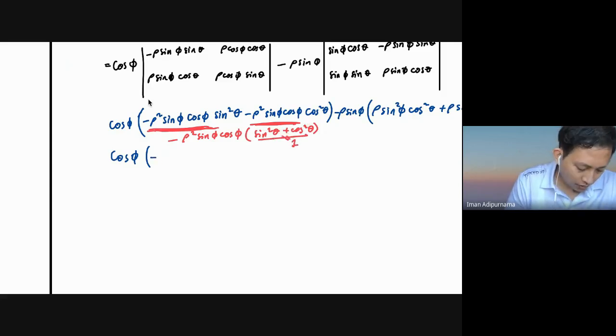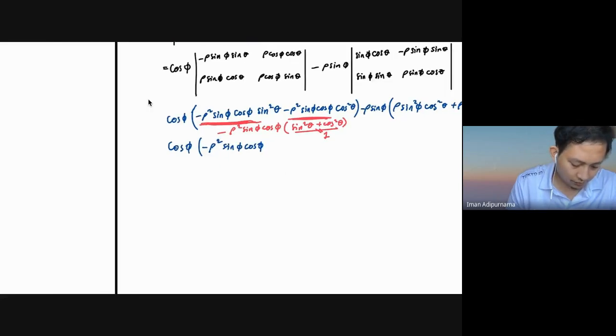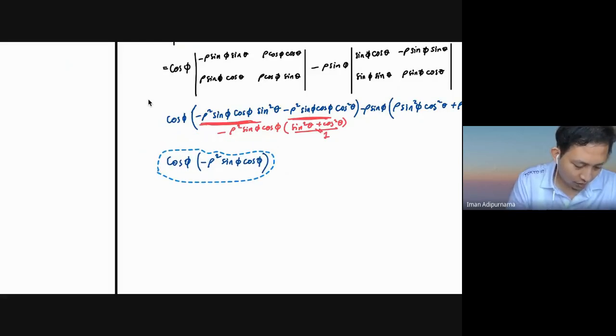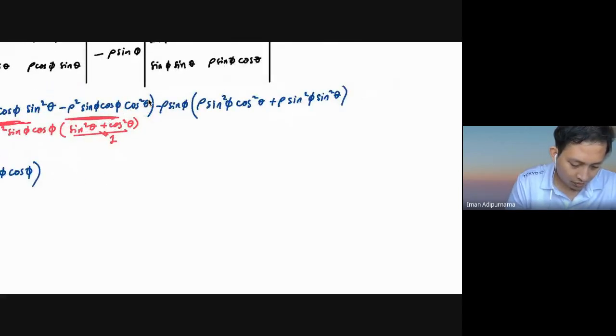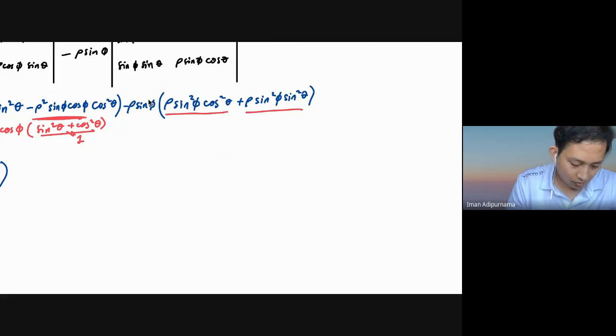So we will write this only negative rho squared sine psi cos psi. And here also, we have a similar case. Rho sine squared psi, we can write this as cos squared theta plus sine squared theta, right? And this will be equal to 1.